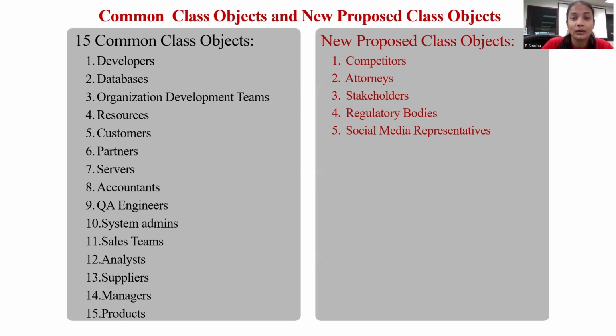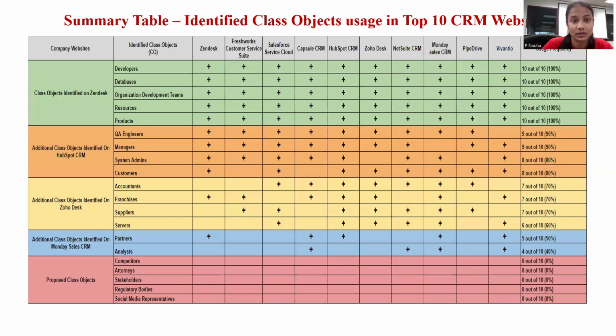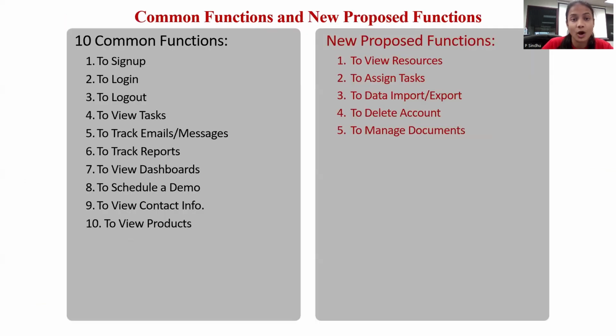Now we have created a new table called the frequency table from these common class objects and new proposed class objects to identify the usage in the top 10 CRM websites. Similarly, we have done the same thing for the common functions and new proposed functions. We observed these common functions from all those 10 systems.